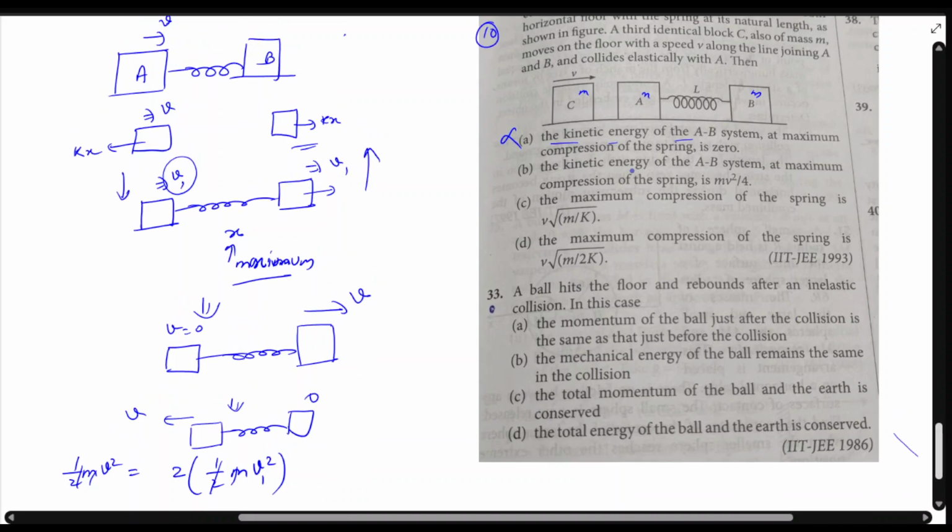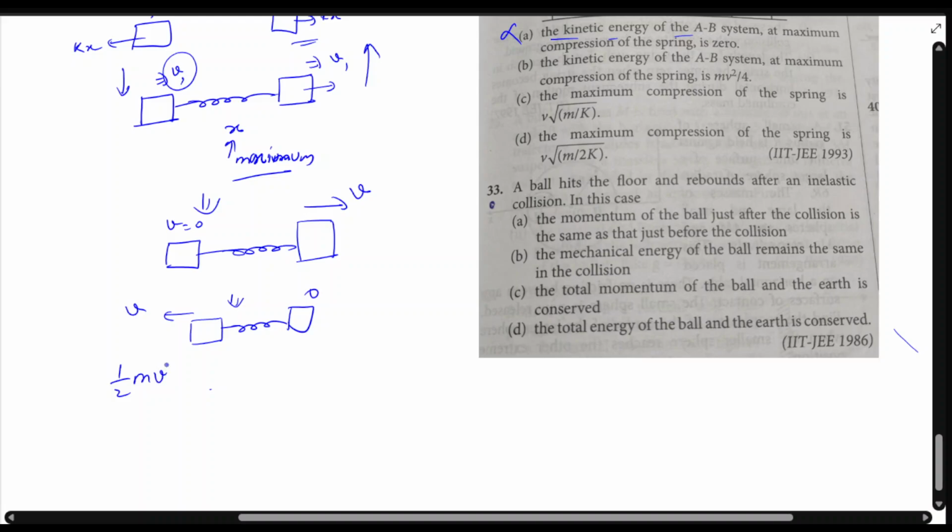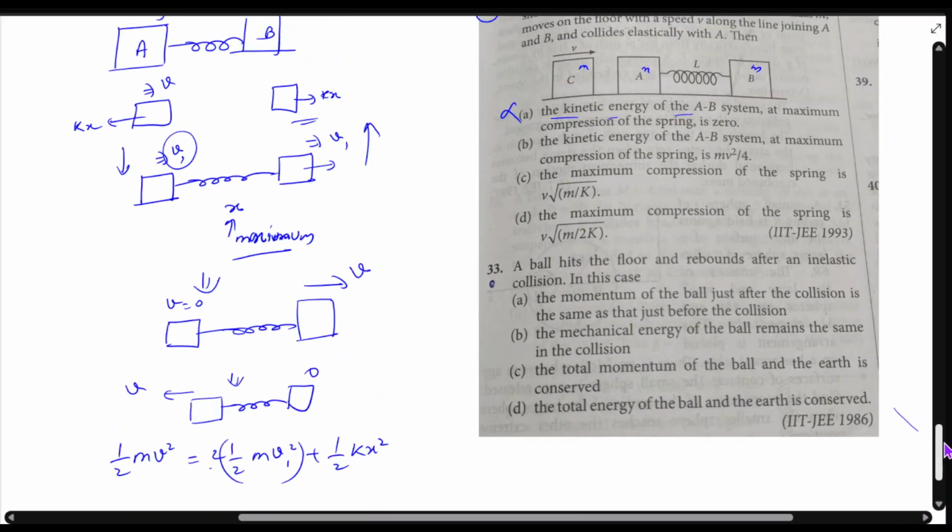Okay, so yes, I have made some mistake here. So look, initially they have half mv square, then the final energy will be 2 times half mv1 square plus they must have some spring potential energy, right? So it will be stored in the spring.